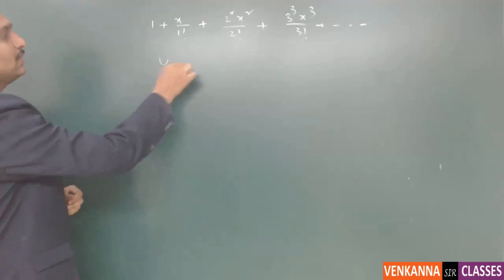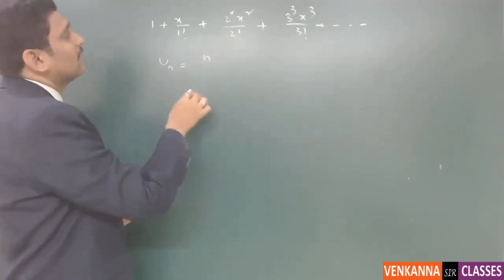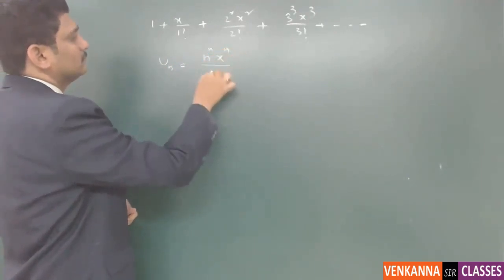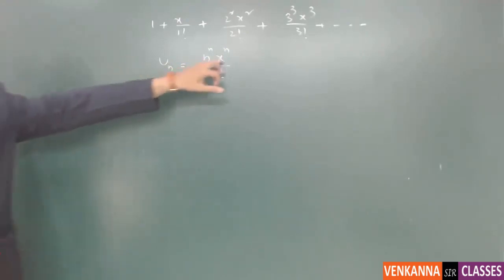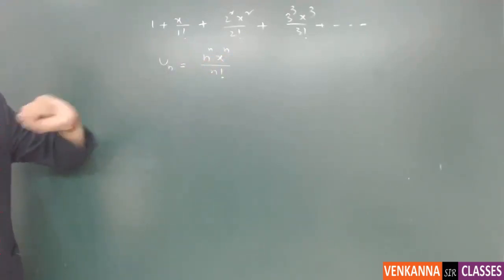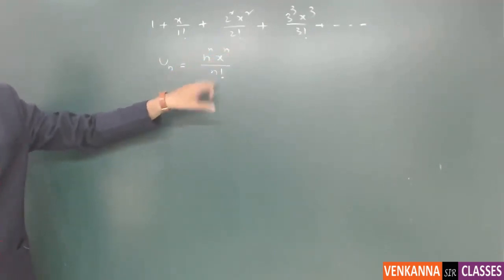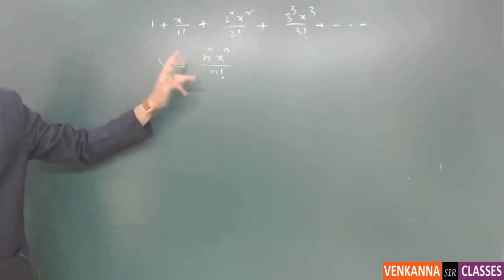So here also, if you want to write the nth term, un is equal to n power n x power n by n factorial. If you take n is equal to 1, x power 1 by 1 factorial. If you take n is equal to 2, 2 square x square by 2 factorial. N is equal to 3, 3 cube x cube by 3 factorial, like that.